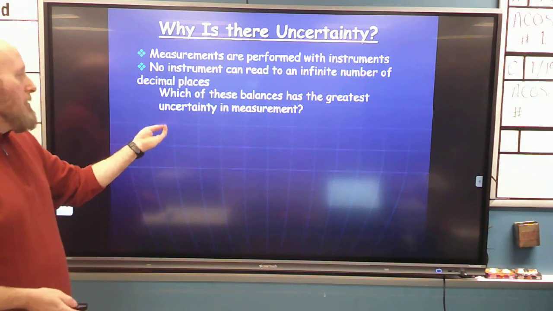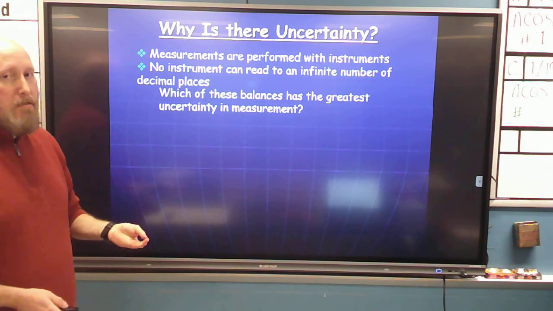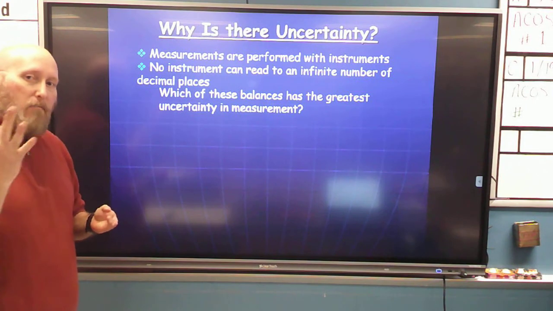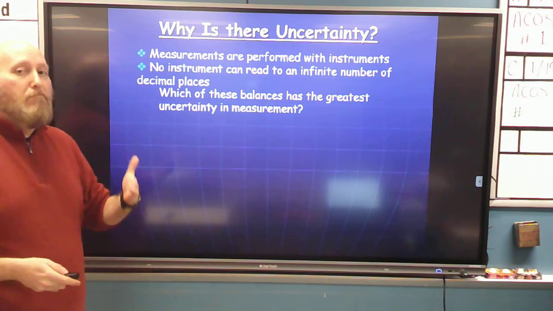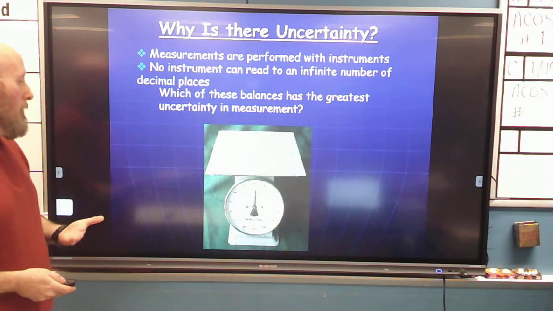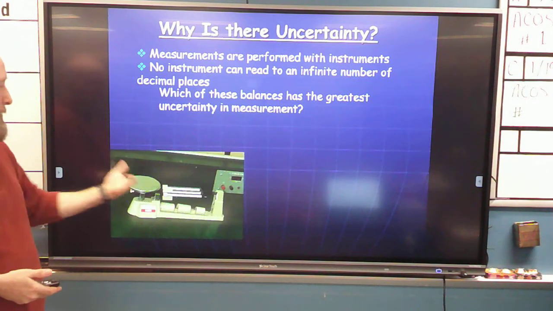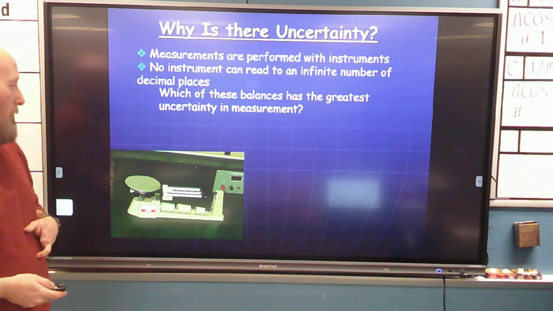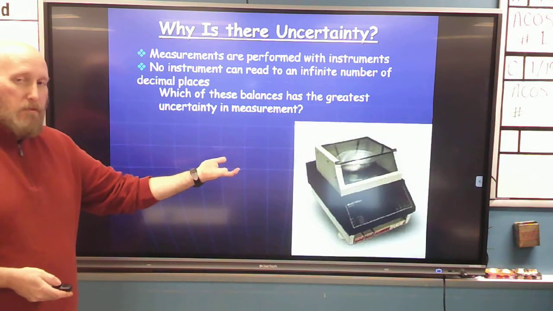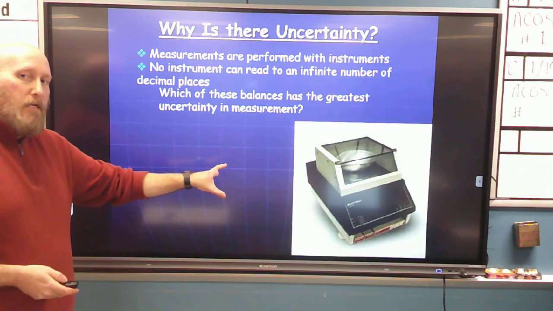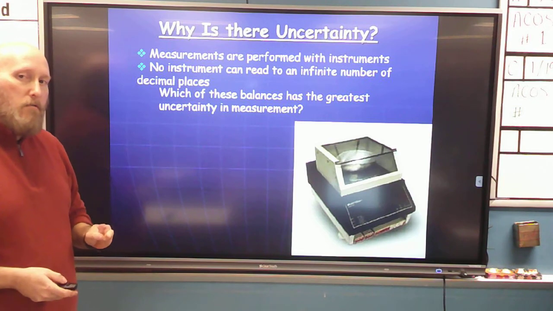Which of these balances has the greatest uncertainty in measurement? So if you look at these three balances I'm about to put up here, which one has the most uncertainty? Would it be this one? Would it be this one? Or would it be this one? Which one of these three is the most uncertain?